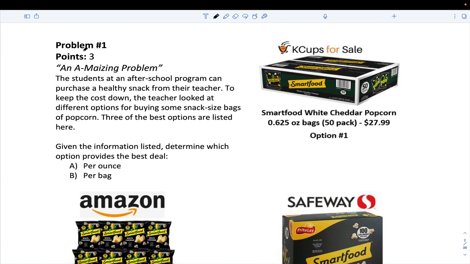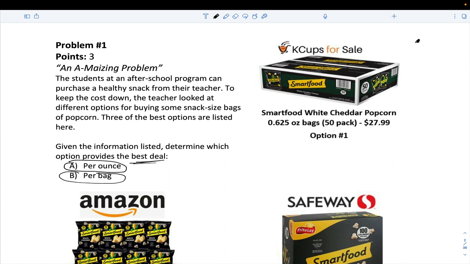So for this one, there are two different answers they need. They need the cheapest option per ounce, and then they want per bag. So to do per ounce, I'm going to start with option one, and there are 0.625 ounce bags with 50 total.